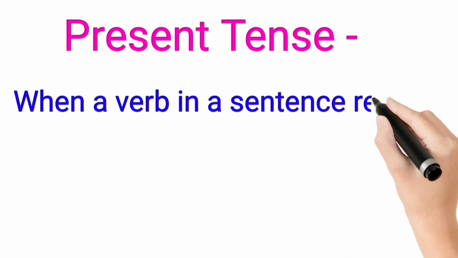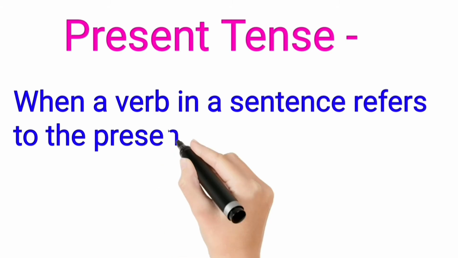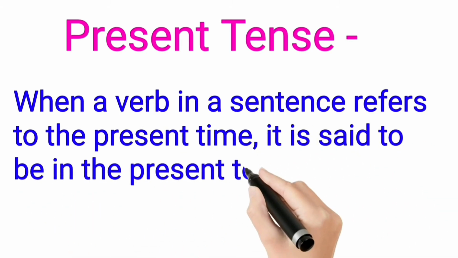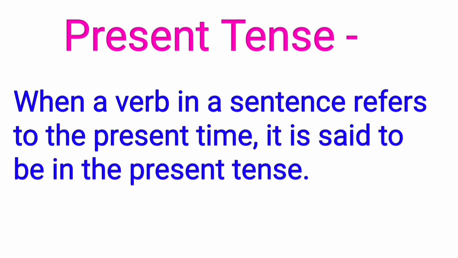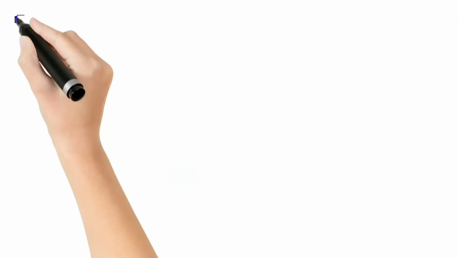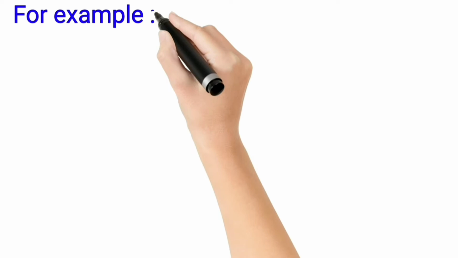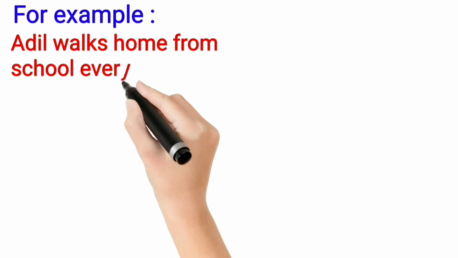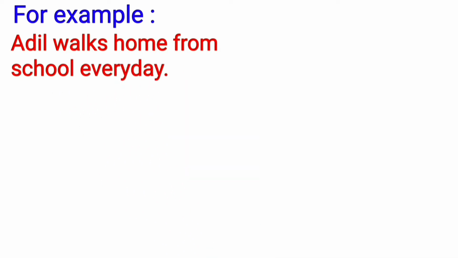When a verb in a sentence refers to the present time, it is said to be in the present tense. For example, Adil walks home from school every day.